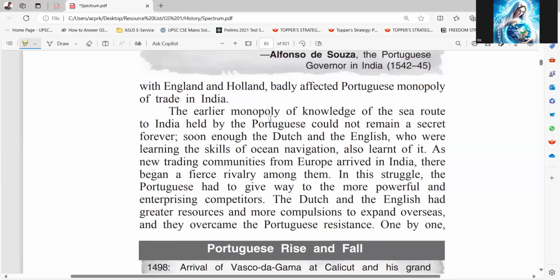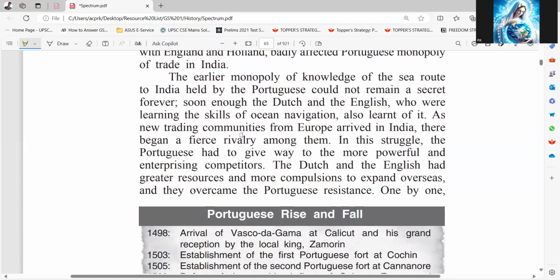Okay. The earlier monopoly of knowledge of the sea route to India held by the Portuguese could not remain a secret forever. Soon enough, the Dutch and the English, who were learning the skills of ocean navigation, also learned of it. As new trading communities from Europe arrived in India, there began a fierce rivalry among them.